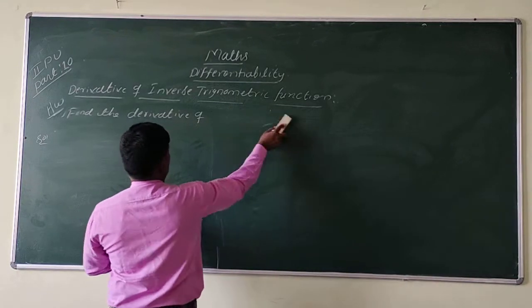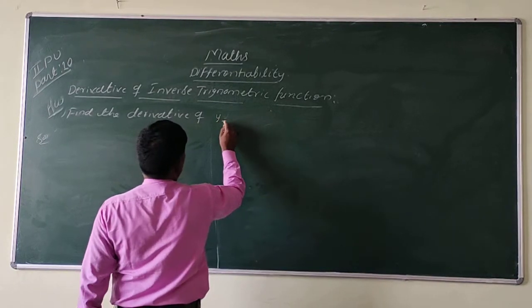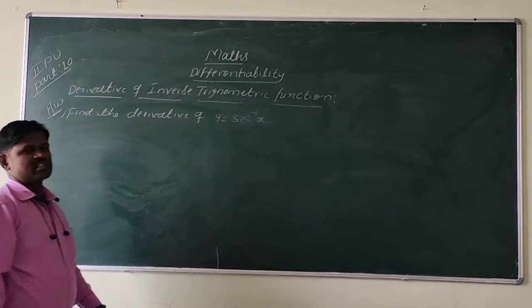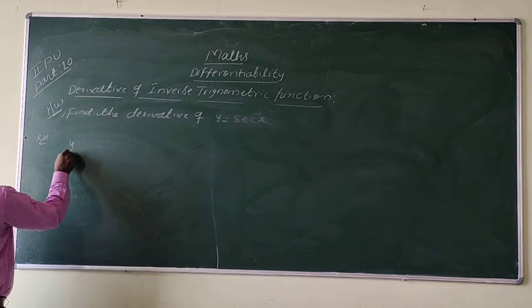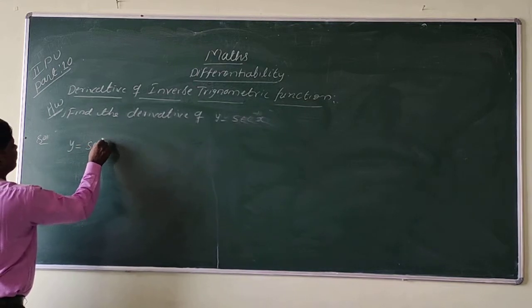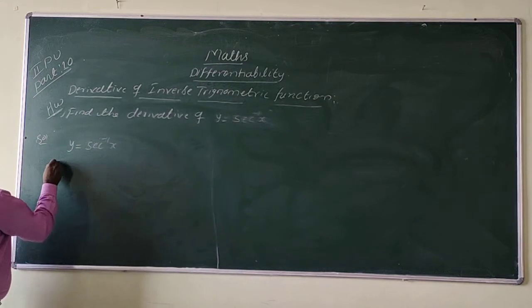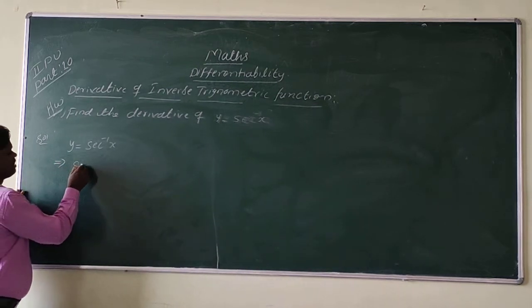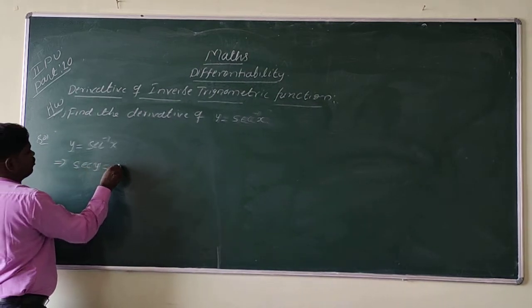Let's find the derivative of y is equal to secant inverse of x. So y is equal to secant inverse of x. By the properties of the inverse trigonometric functions, this can be written as secant y is equal to x.